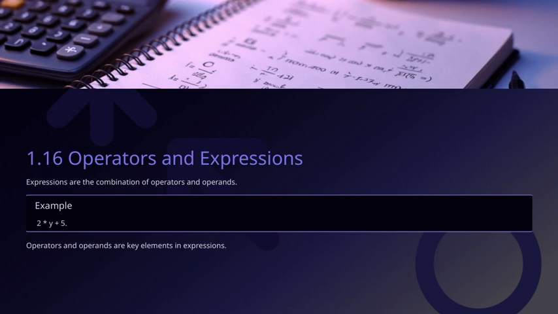For example, consider the expression 2y plus 5. Here, the numbers and variables like 2, y, and 5 are the operands, while the symbols like multiplication and plus are the operators. Operators are the actions we perform, such as multiplication or addition, and operands are the values or variables we work with.